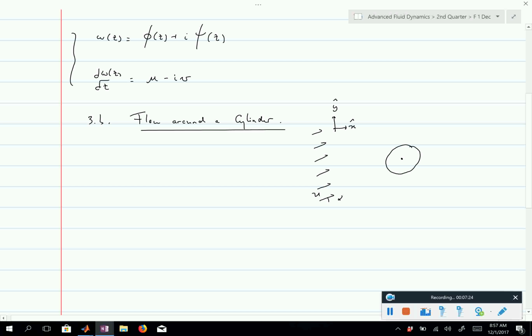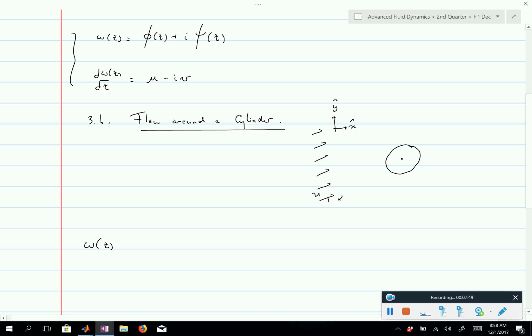For the flow around the cylinder, we've already discussed that part, so it is the same as what we did before. We have to add a uniform flow, put a dipole at the center of the cylinder, and put an irrotational vortex at the center of the cylinder. Remember that?